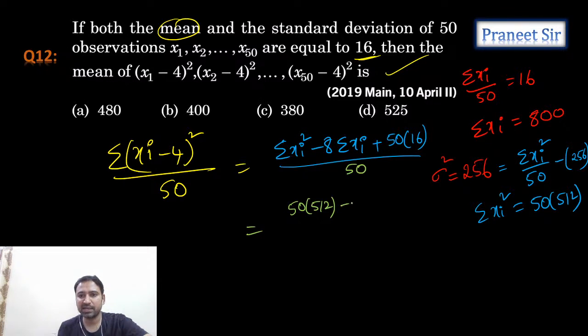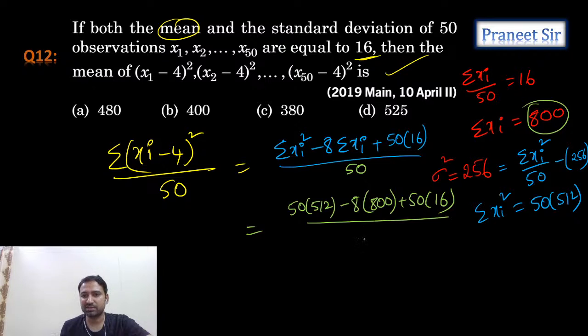Now tell me, guys, minus 8 into sigma xi, which we already calculated as 800, plus 50 into 16 by 50. Now you can cancel the 50.